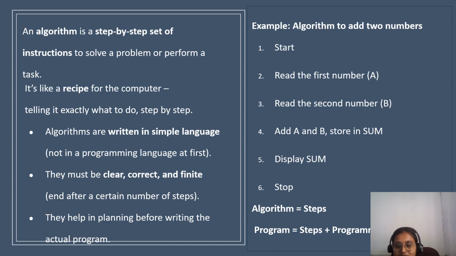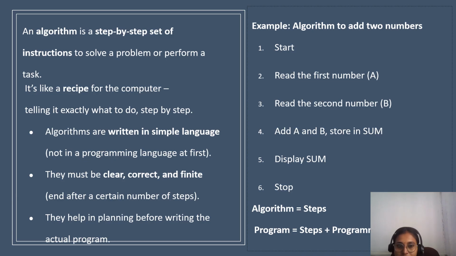Coming to the next topic, we are discussing the basics. What is an algorithm? An algorithm is a step-by-step set of instructions. Before writing a program, we write the algorithm in a human-readable form. It is in simple language, clear and correct, and includes a finite number of steps. This helps the programmer write the code simply, and if other programmers check the code, it is easy for them to understand.